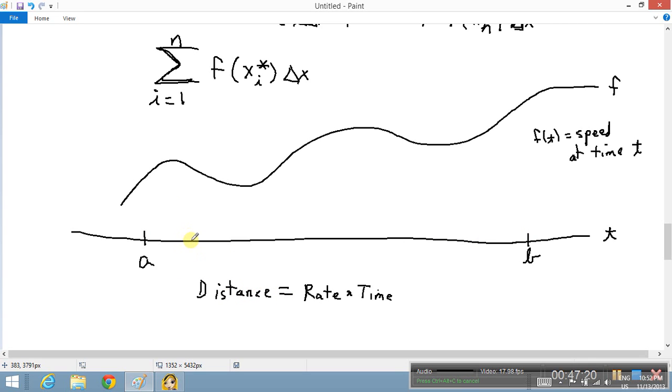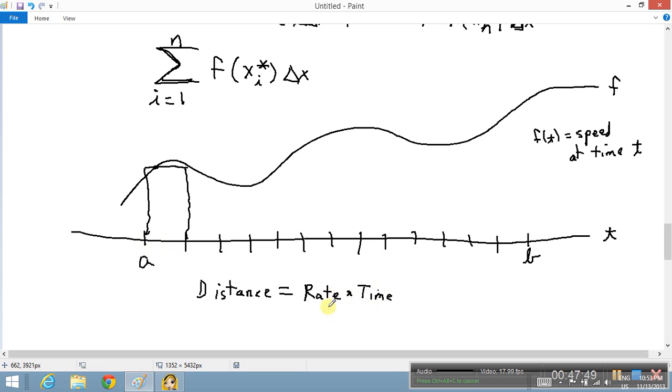Or what if you just chopped up this interval into a bunch of pieces, and for simplicity all of them are the same length, and on each piece you just take some random value, like that one, let's say, and you say that that's the best representative of the speed on that interval, and multiply that speed by the time.